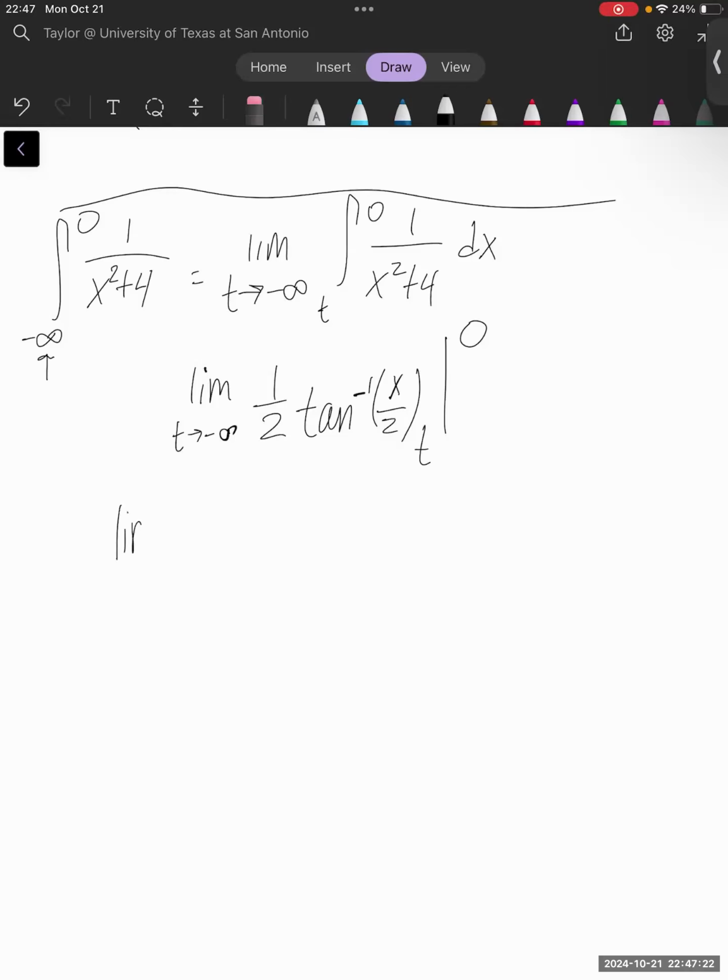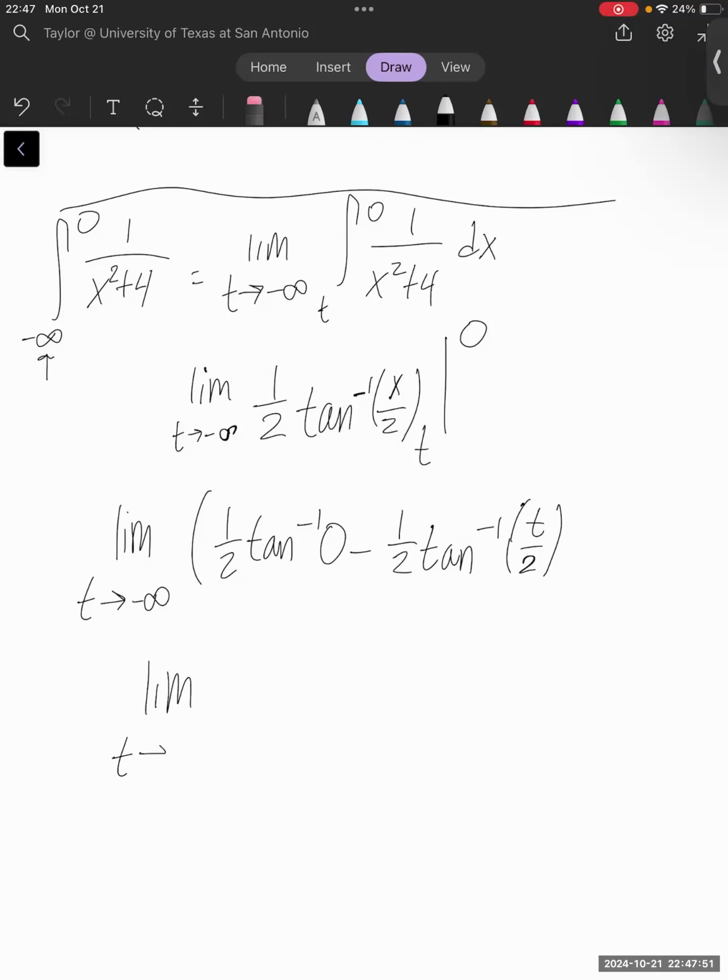This gives me the limit as t approaches negative infinity of 1/2 tan inverse of 0 over 2, which is 0, minus 1/2 tan inverse of t over 2, which just gives me the limit as t approaches negative infinity of negative 1/2 tan inverse of t over 2.